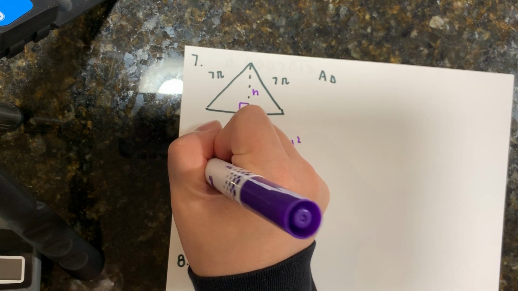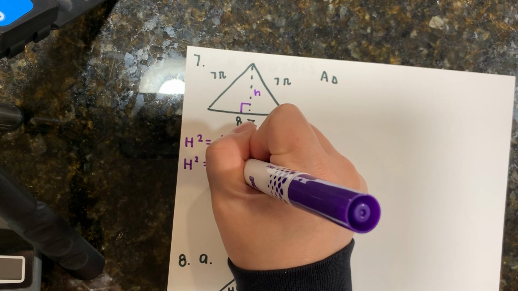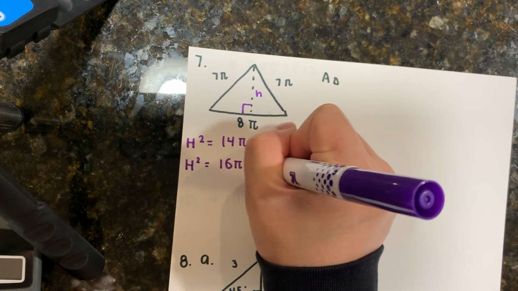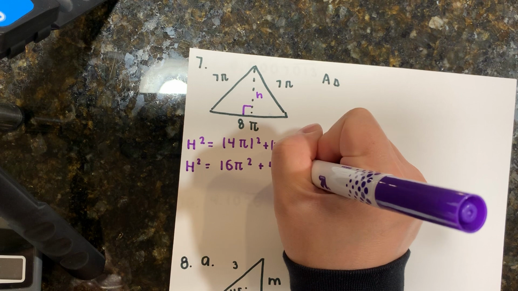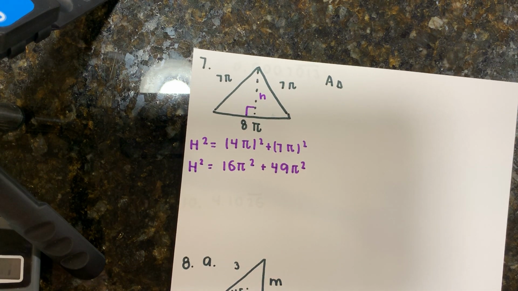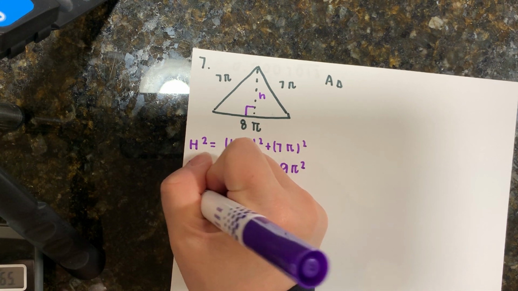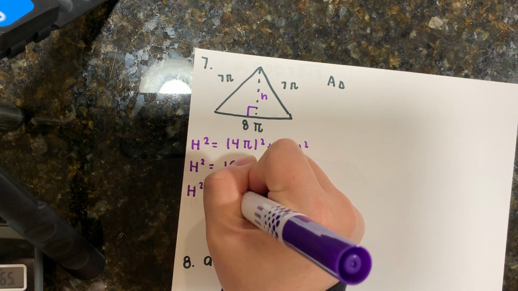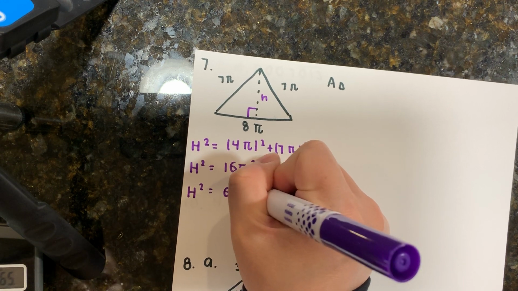So h squared would be equal to 16 pi squared plus 49 pi squared. And that would give me h squared is equal to 65 pi squared.